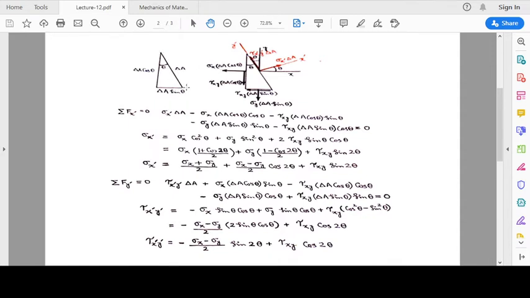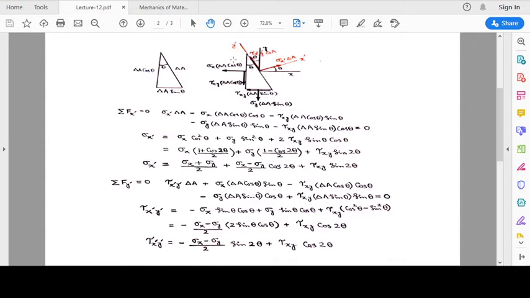This is, you can say, the front view of the portion of the cube. The stress acting on the vertical plane was sigma x. We draw the free body diagram and then use the equilibrium equations to find the values of sigma x prime and tau x prime y prime.